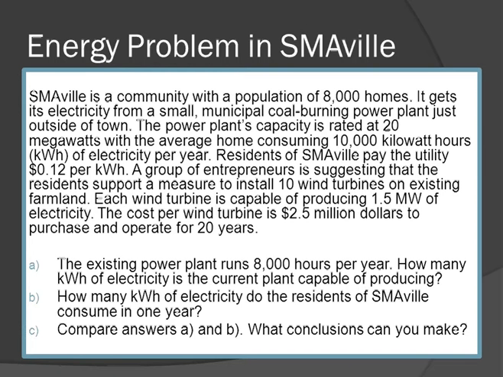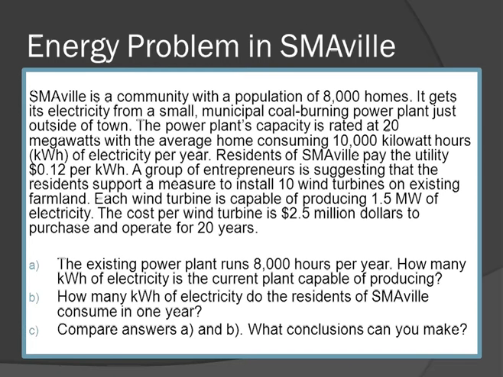A group of entrepreneurs is suggesting that the residents support a measure to install 10 wind turbines on existing farmland. Each wind turbine is capable of producing 1.5 megawatts of electricity. The cost per wind turbine is $2.5 million to purchase and operate for 20 years. The existing power plant runs 8,000 hours per year. How many kilowatt hours of electricity is the current plant capable of producing?